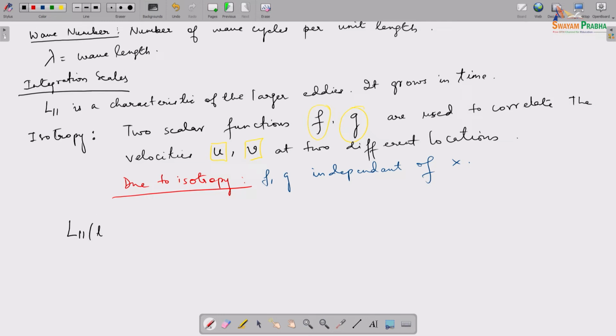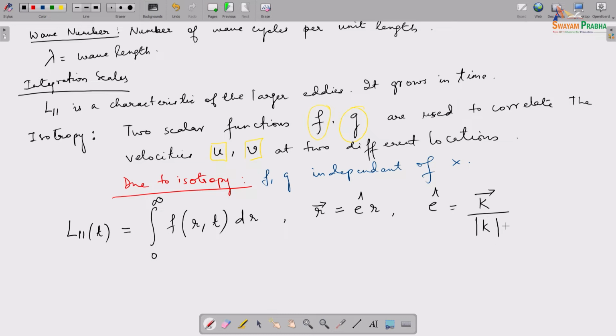This length scale is equal to this, where this r is equal to this, and this k is a wave number vector.